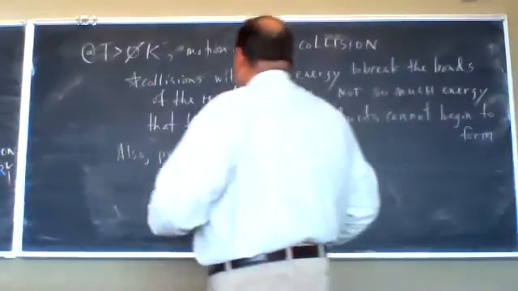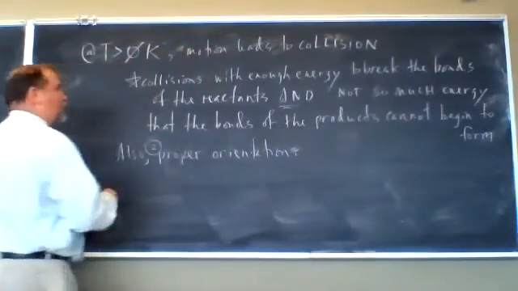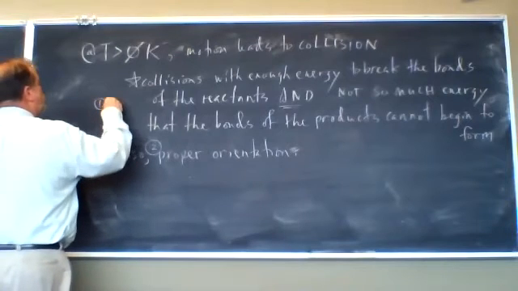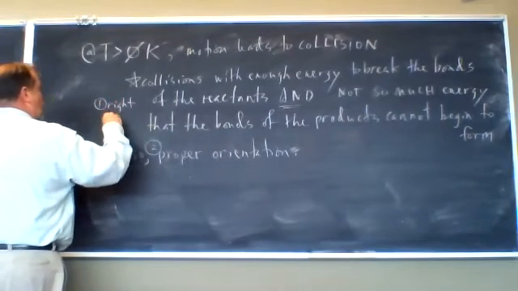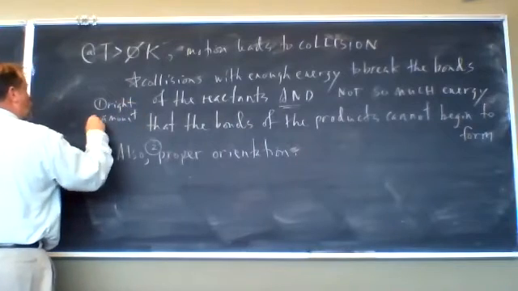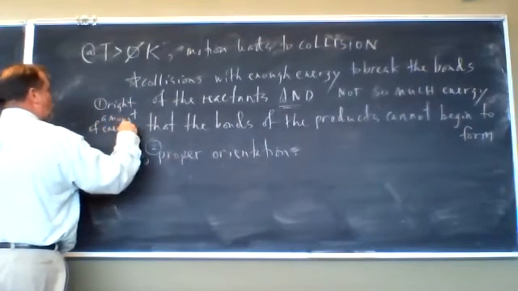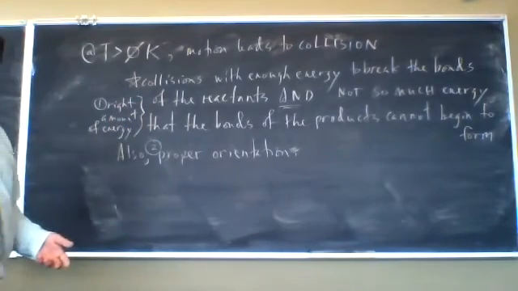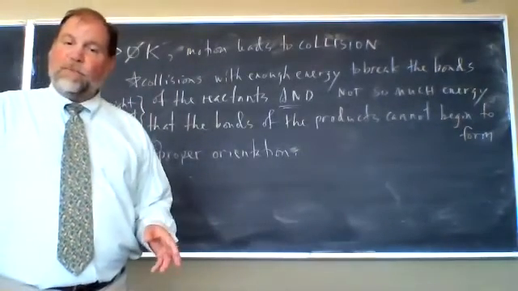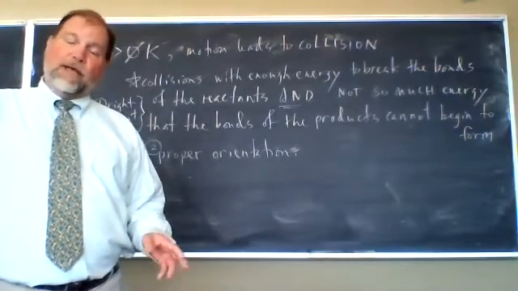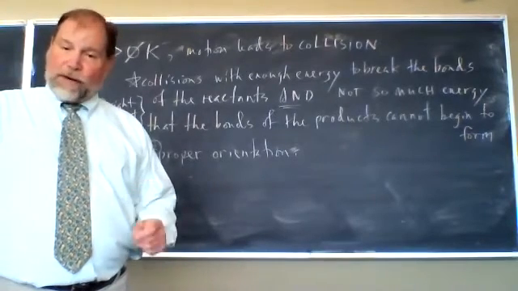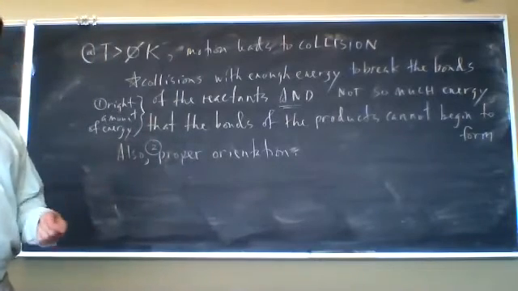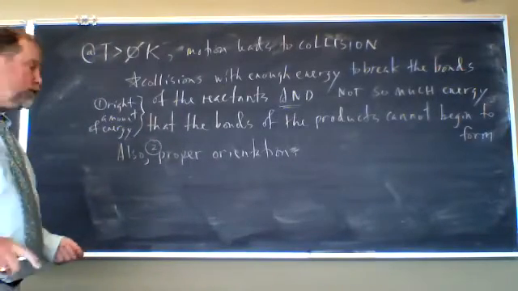And so, first factor, right amount of energy. Second factor, proper orientation. And that right amount of energy allows for the bonds of the reactant to break, the bonds of the products to begin to form. And so what we find is that the rate of a chemical reaction is directly proportional to the number of successful collisions.